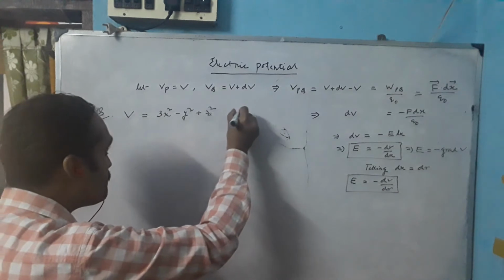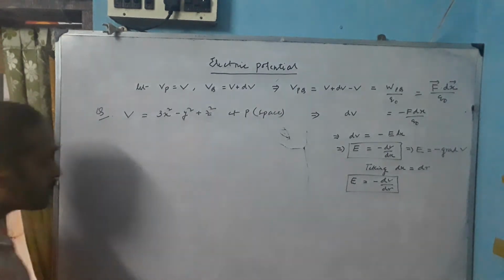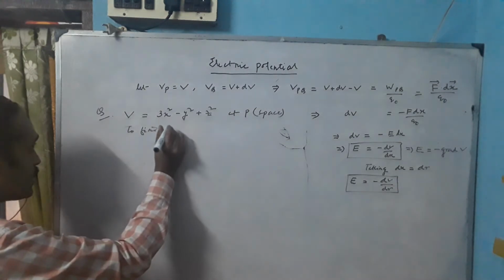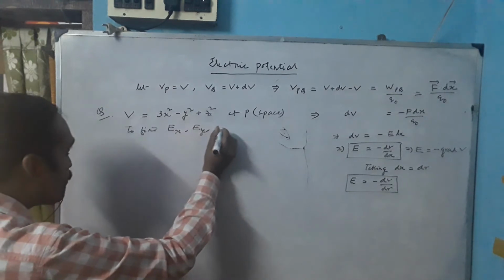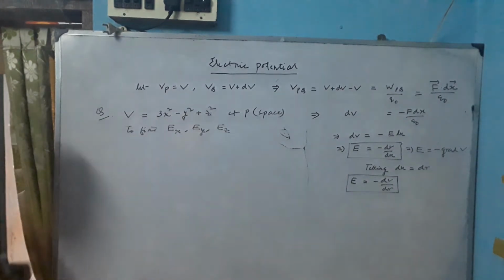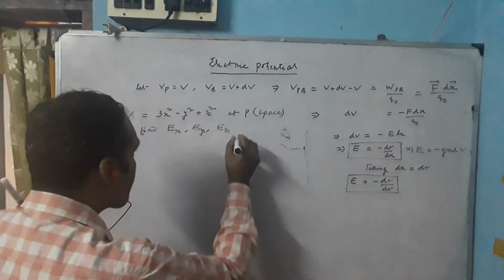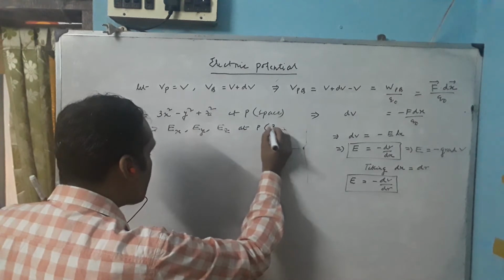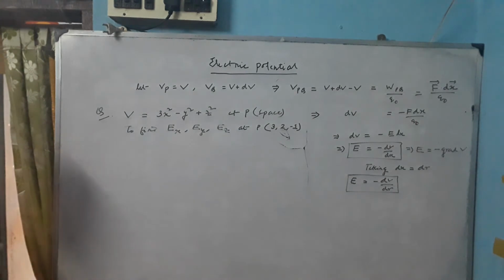We need to find the electric components. When I say electric components, I mean the electric vectors along the x, y and z coordinates at the point P, which is given as 3, 2 and -1.